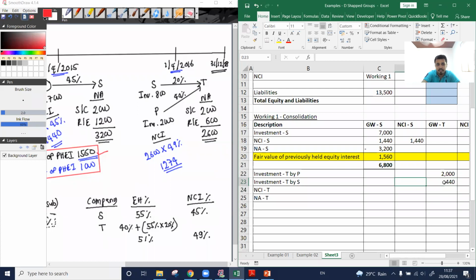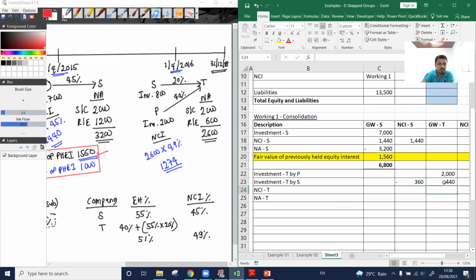The remaining 45% should be debited to the other shareholders of S. They are reflected in NCI of S. NCI of S means simply what? Other shareholders of S. 360 need to be debited there.